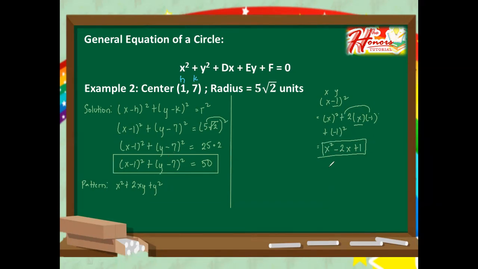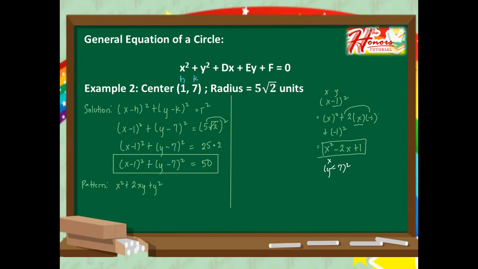And then let's solve for y minus 7. Let's have this part or area. So we have here the quantity of y minus, let me use another color, the quantity of y minus 7 squared.